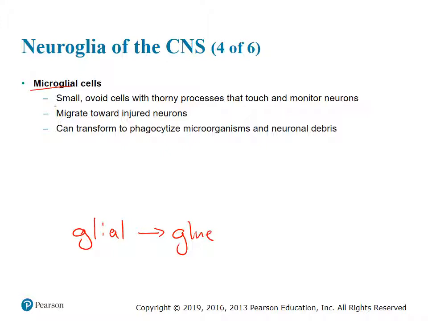The microglia are very small, oval shape. That's ovoid, which is an oval shape, not exactly perfect like that, right? You can see different shape sizes of the oval, but very small. It's got thorny processes, right? Little ends, the sides and ends come out to have these little look like thorny structures. Those touch neurons, they monitor neurons, their viability, their health, their overall functioning.